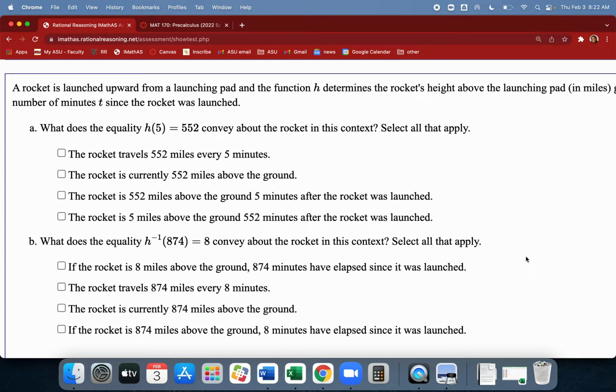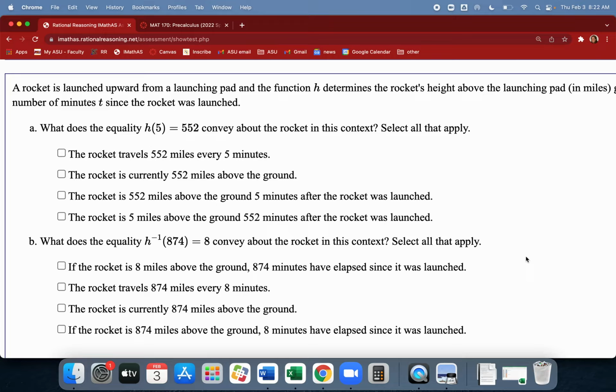All we know is by 5 minutes it was 552 miles, or it traveled 552 miles, and that's all we know. We don't know if it's at a constant speed or not. So that option would be assuming a little too much, but it has the right units. The other ones have the wrong units. I guess B has the right number of miles, but currently doesn't have anything to do with h of 5.